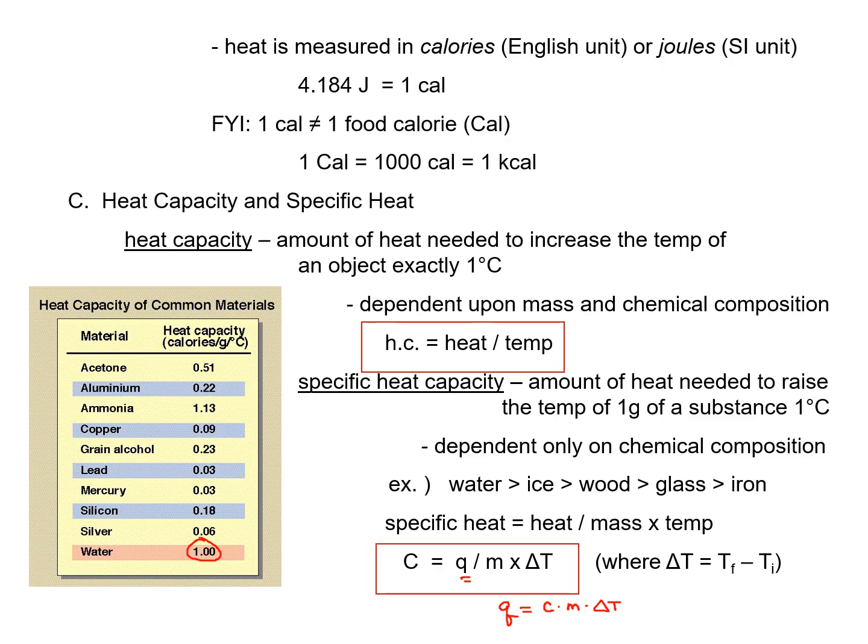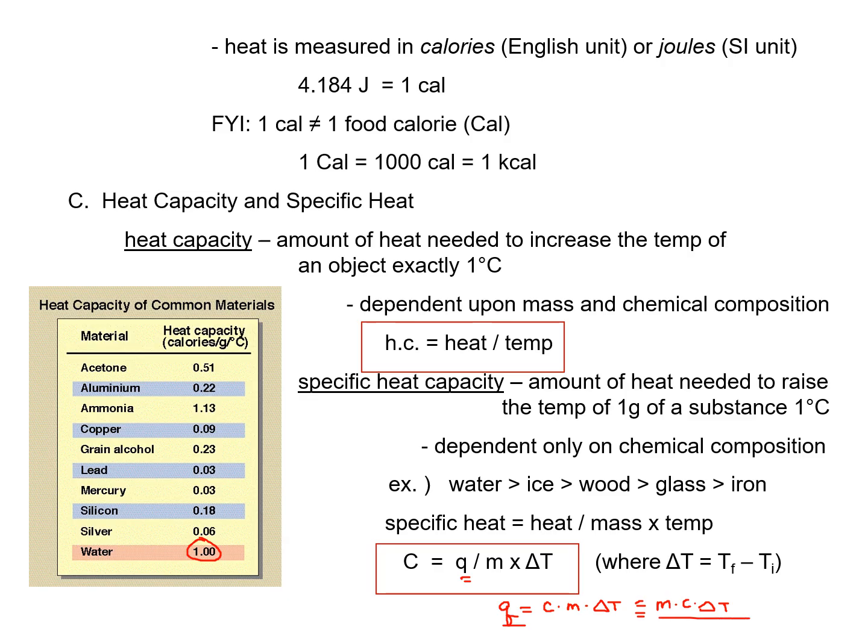Now, a lot of times, just to make it easy to remember, a lot of people will write it in this order instead. When you write it in this order, it kind of looks like it spells out the word MCAT. And so a lot of times we'll just remember this equation. Q equals MCAT.